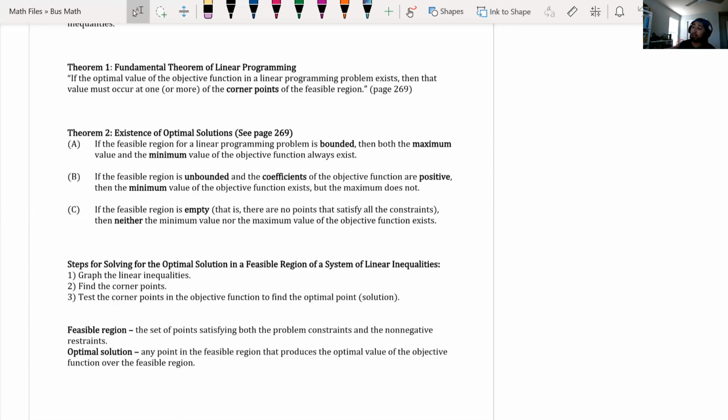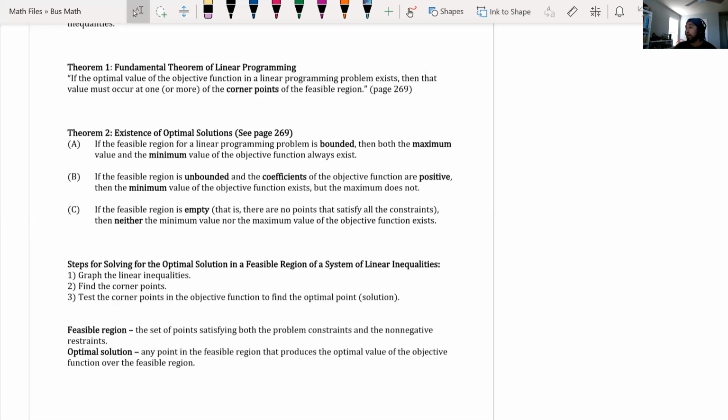If the feasible region is unbounded, meaning we can't draw a circle around it, and the coefficients of the objective function are positive, then the minimum value of the objective function exists, but a max does not. And if our feasible region is empty, that means there are no points to satisfy the constraints, then neither the minimum value nor the max value of the objective function exist.